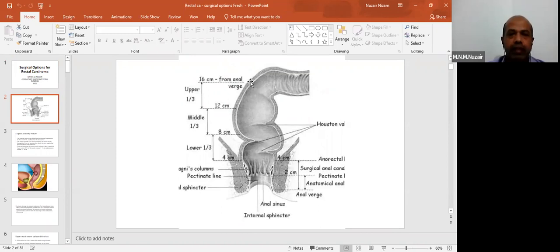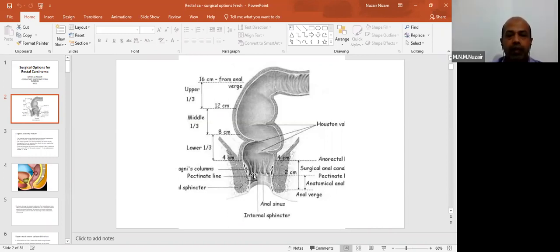If we take it as 16 centimeter, the mid rectum is below 12 centimeter. The cutoff point between mid rectum and upper rectum has implications in managing rectal carcinoma, because upper rectal cancers are usually considered as colonic cancers.